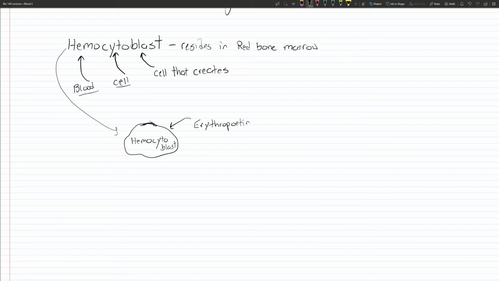And this hemocytoblast, there are two possible pathways that it can divide down. It can divide down this one called the myeloid path, or you can go down the lymphoid path.